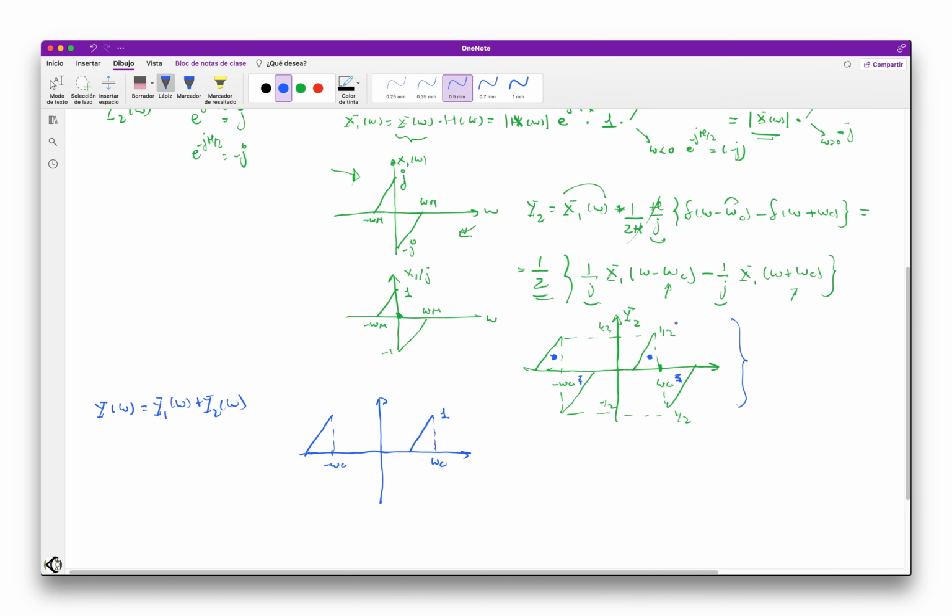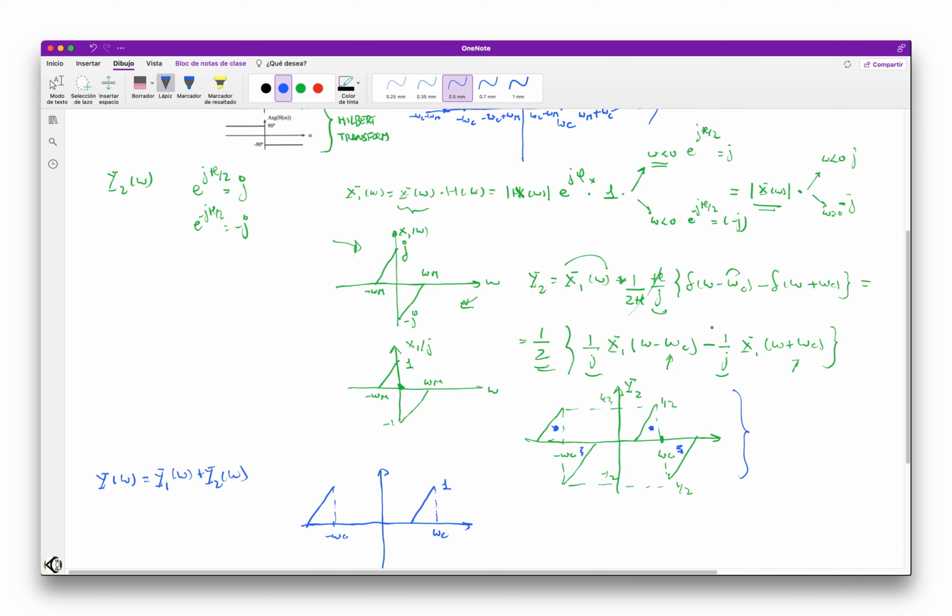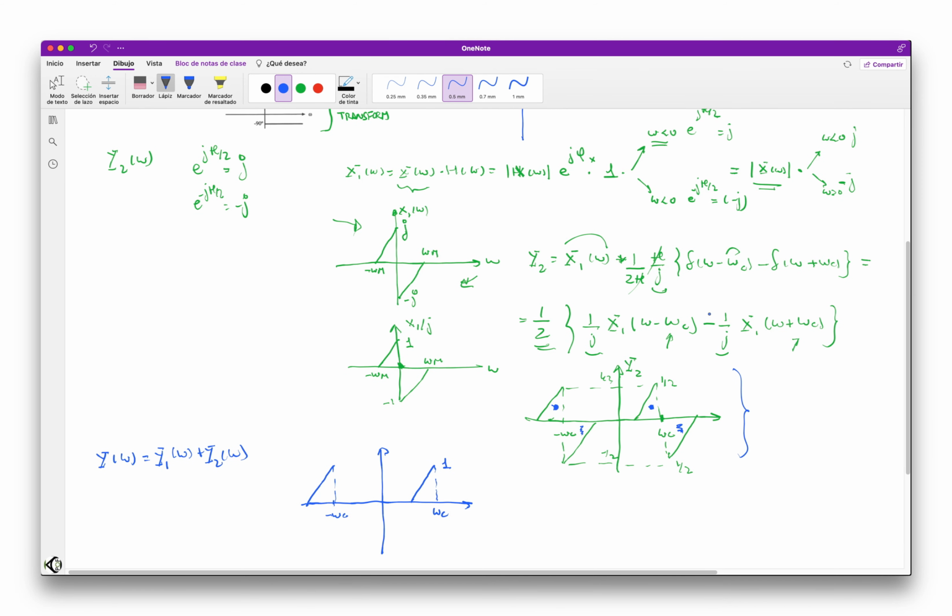There is something wrong here. Yes, I did a bad thing, sorry. This minus sign, I didn't put that over here. We have to put a minus sign here, which means that y2 is not exactly that, sorry. y2 is this, but with the sign change, so it will be like this and like this.